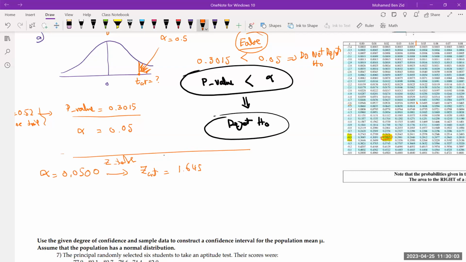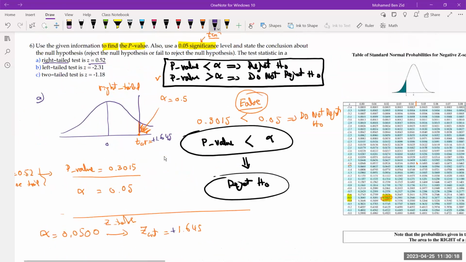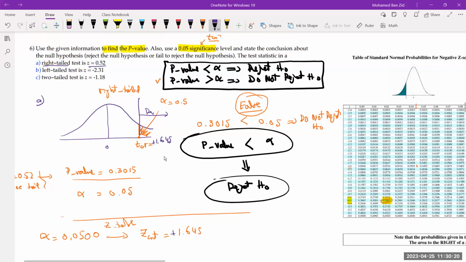And because you are on the right side, it's going to be positive. So this is positive. And you're done, basically. All right. So this is a separation. This is reject, and this is do not reject.